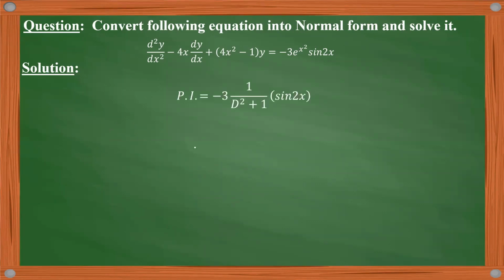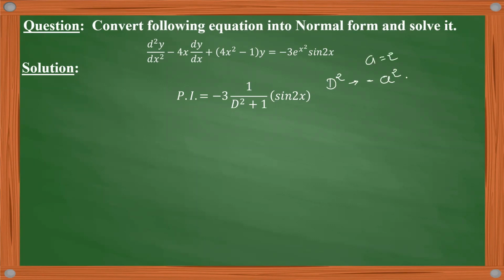In the second part, we need to find its particular integral. By general formula, it is minus 3 times 1 upon D square plus 1 into sine of 2x. We know that wherever it is sine 2x or cosine 2x, we will just replace D square by minus of a square, and in this case a is equal to 2.